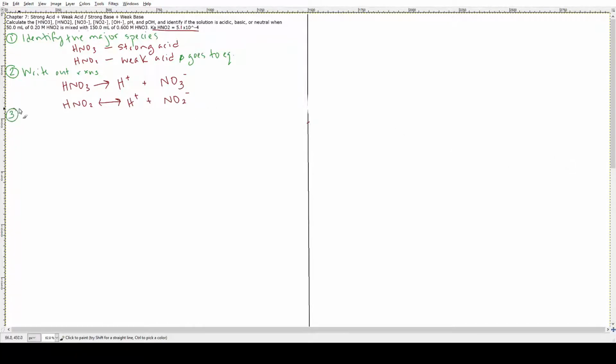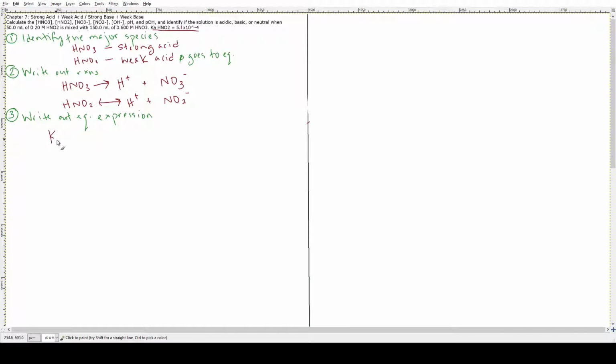Step 3 is to write out an equilibrium expression if there is one. So in this case, do we have something that goes to equilibrium? Your answer should be yes, we do. It is our weak acid, nitrous acid.